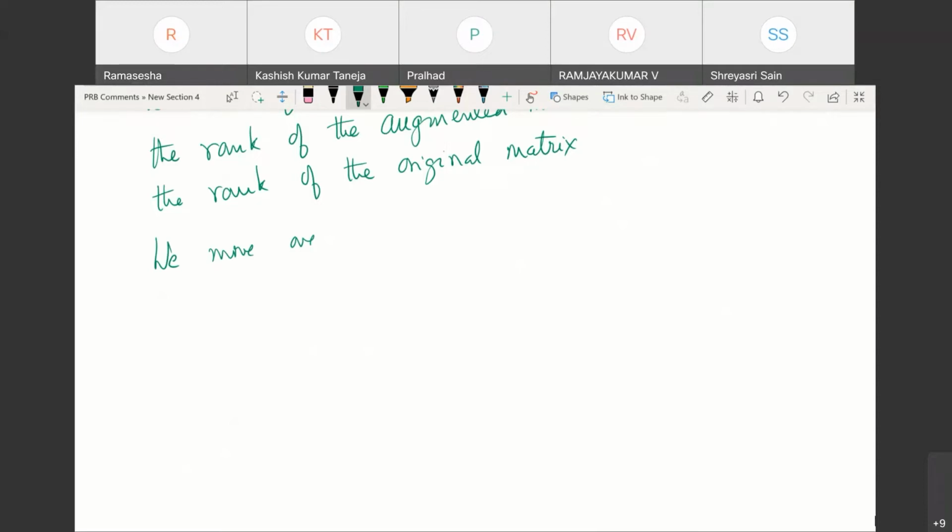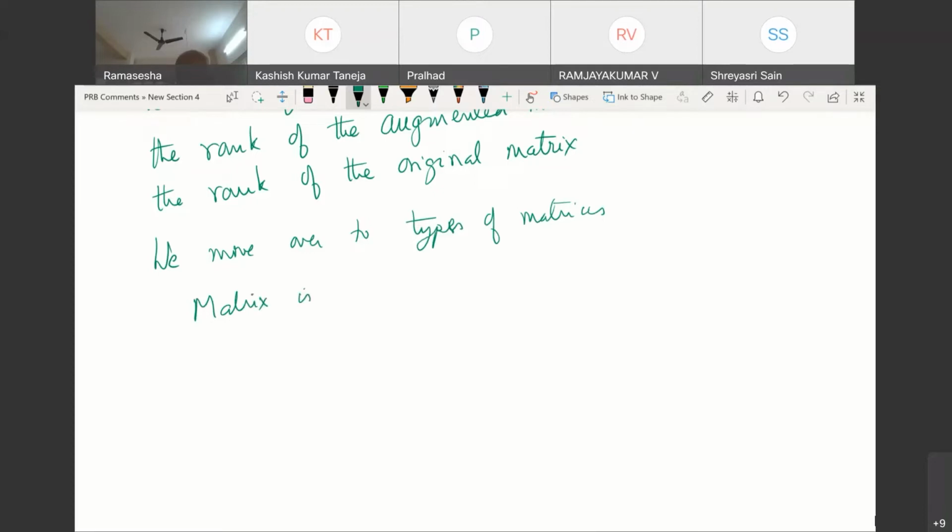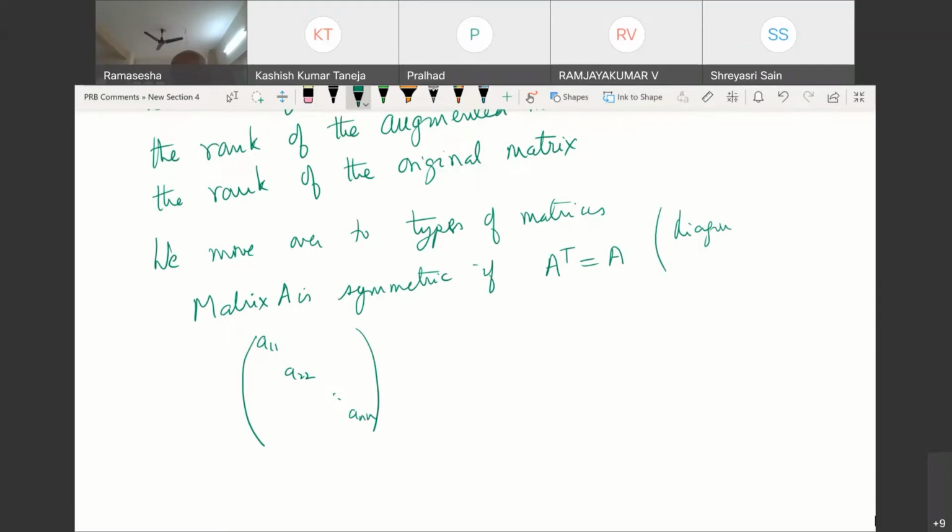Okay, so matrix A is symmetric if A transpose equals A. What this means is that you have the following elements A11, A22, ANN. So this is only for square matrices. For off-diagonal matrices, there is no question of symmetry because you don't have a principal diagonal.